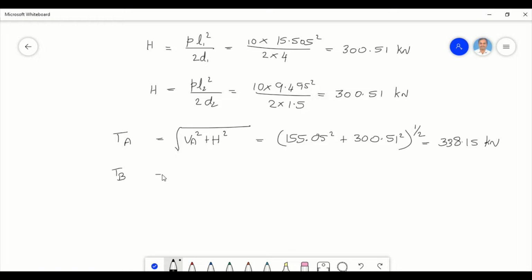And the value of TB is square root of VB square plus H square. The value of VB is 94.95. H is 300.51. And the value of tension at B comes around, it is supposed to be less than TA because B is at a lower level than A. So this will have 315.15 kilonewtons.